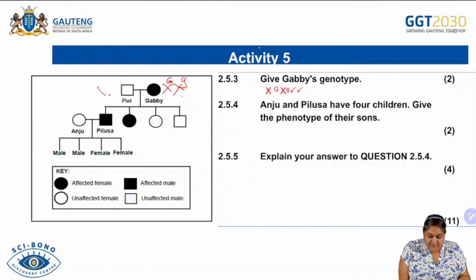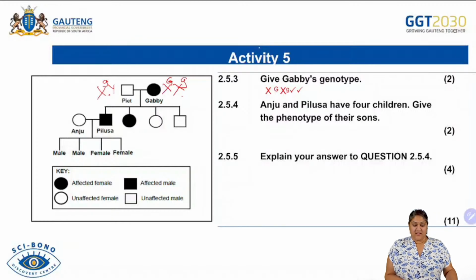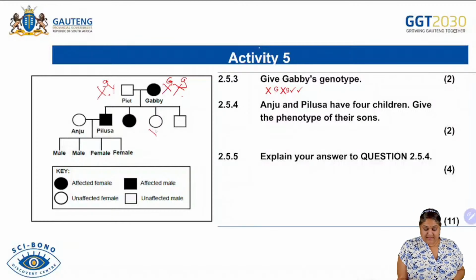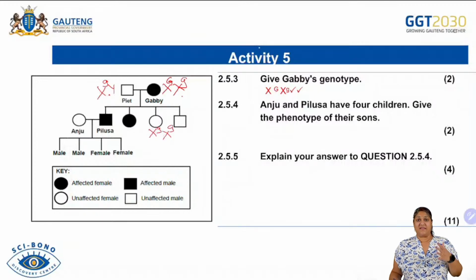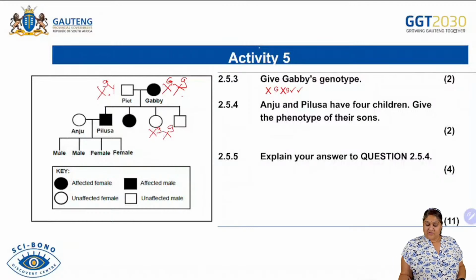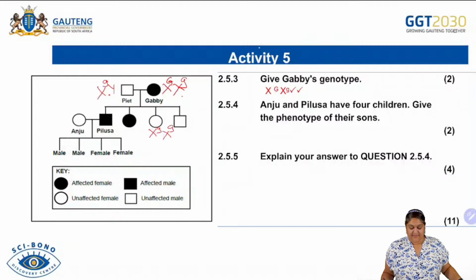Because this father, Pit, is going to be unaffected, so this person is also going to be unaffected, so it has to be looking like that. So this is where learners can get confused, because now you have to think to yourself, okay, this is caused by a dominant allele, not a recessive allele that we mostly assume. Okay, so that's how we work out what Gabby's genotype is.